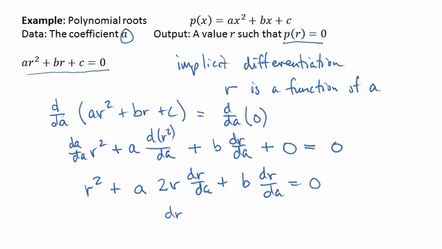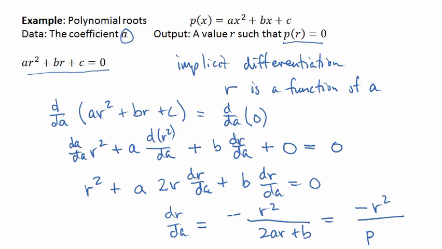Solve for dr/da, and we get minus r squared divided by 2ar plus b. And if you go back and look at the formula for p of x, in fact, that denominator we can rewrite as p prime of r.